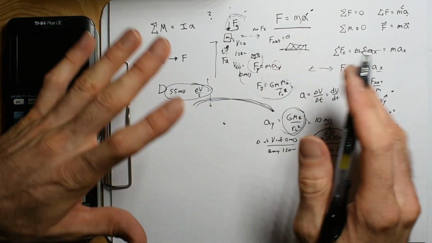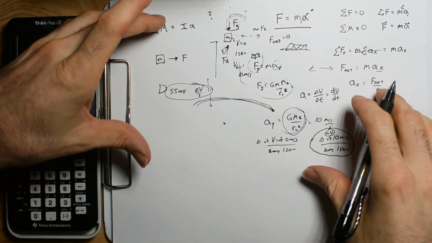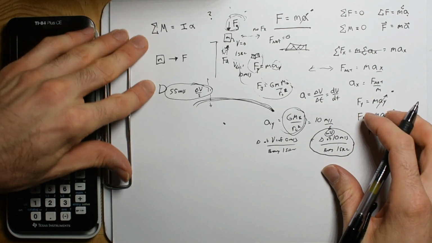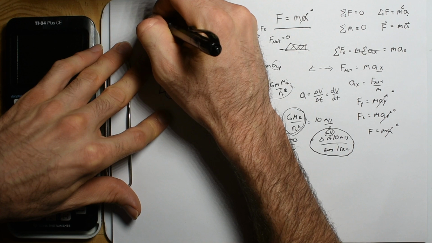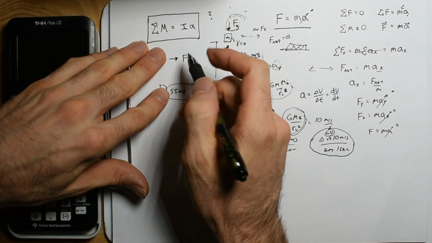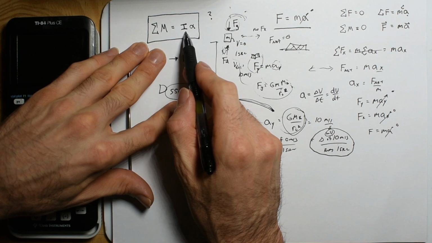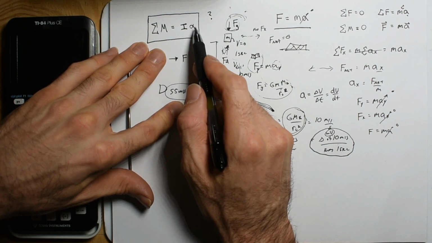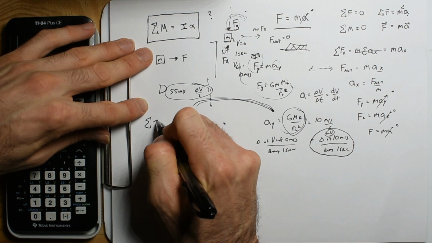And so, okay, cool. So now how does this apply to this? You know what I mean? And you'll never see this written like this, which is a real bummer. Sum of the moments is equal to the mass moment of inertia times angular acceleration. In my textbooks, it'll just say sum of the torques.